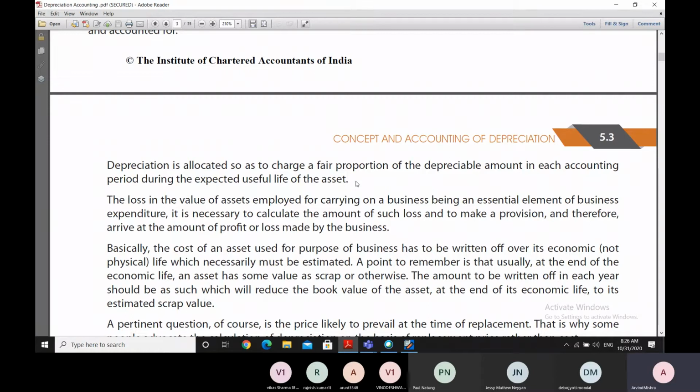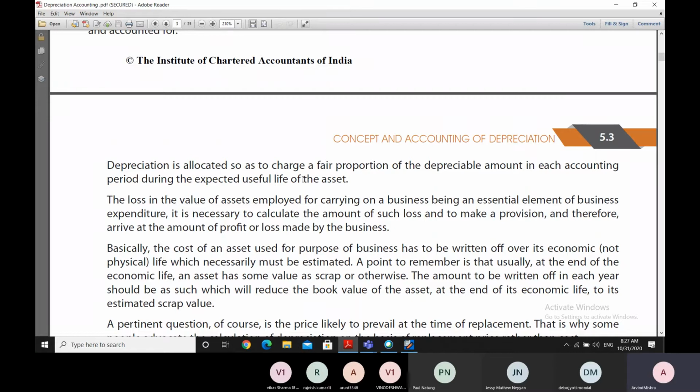While doing the accounting, the calculation of depreciation is not to be done as per Section 32 of the Income Tax Act. It has to be done as per the guidelines which are issued by the concerned bodies which have the power to issue guidelines as to how the accounting has to be done, in the form of accounting standards.